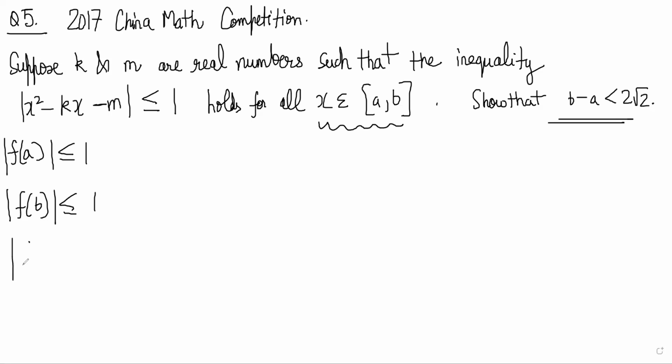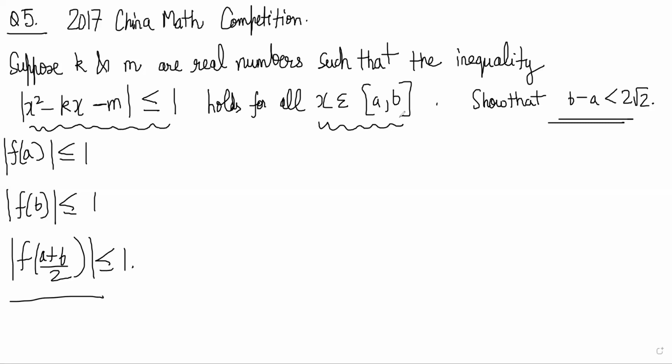You can even say mod of f of (a plus b) by 2 is less than or equal to 1, because all of these numbers are lying in the interval a to b, right? So typically when you have problems like this, you should try to take different cases and get different inequalities. Because this inequality is satisfied for all values between a to b, you can take 3 separate cases, right?